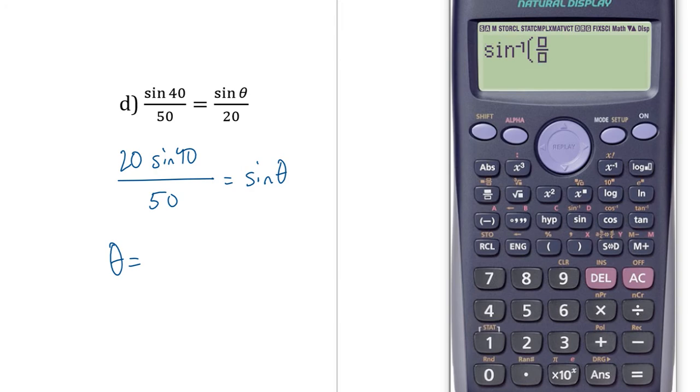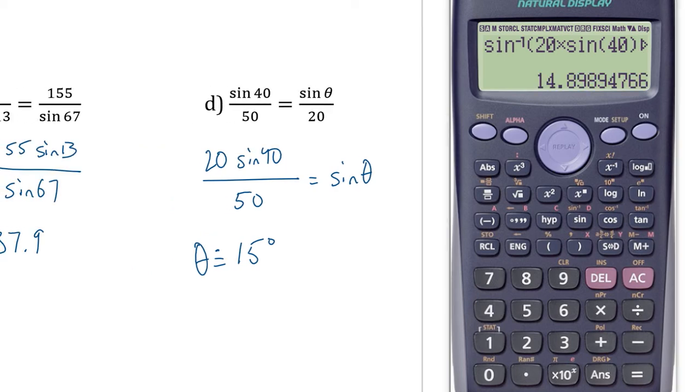And if you want, if you have a calculator like this, you can use your fraction. 20 sine 40 over 50 equals 14.89 or 15 degrees. Okay, so shift sine 20 times sine 40, close bracket, divided by 50, 15 degrees. So that's how you use your calculator.